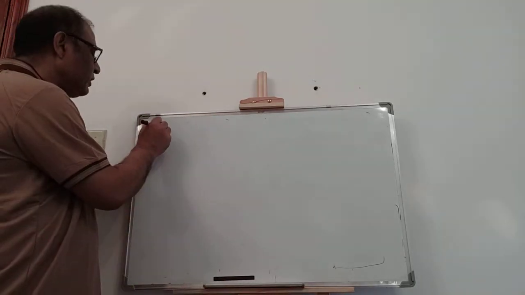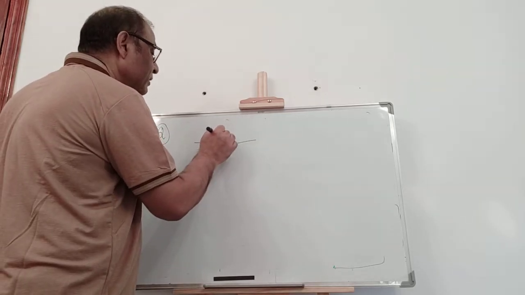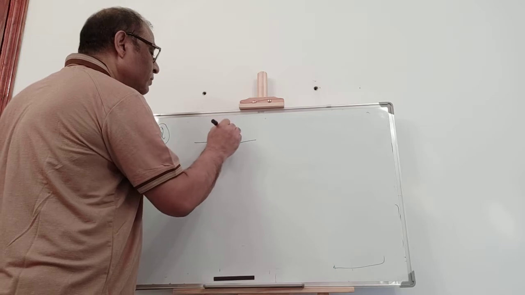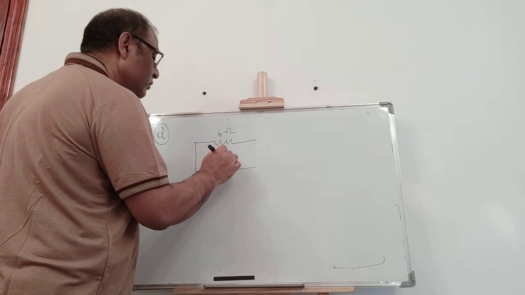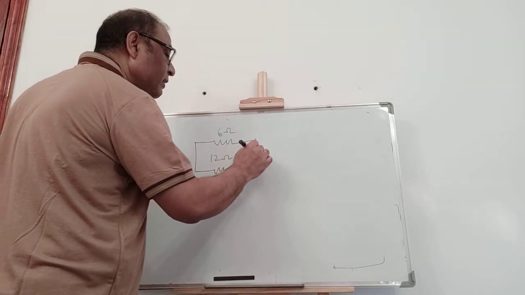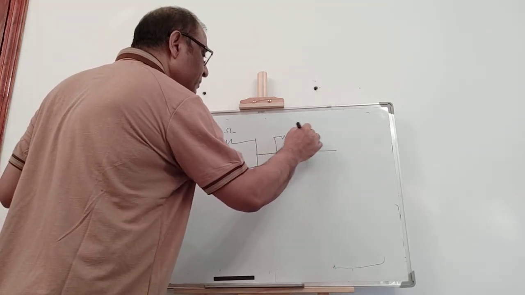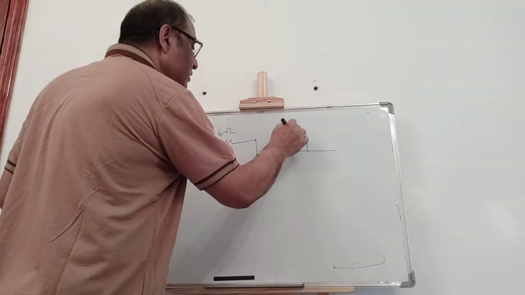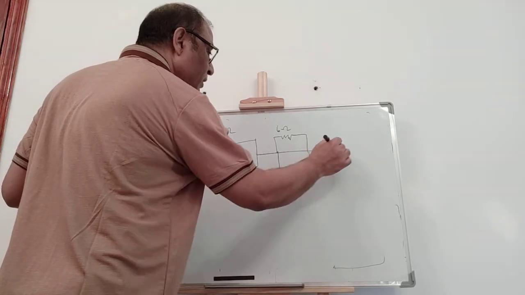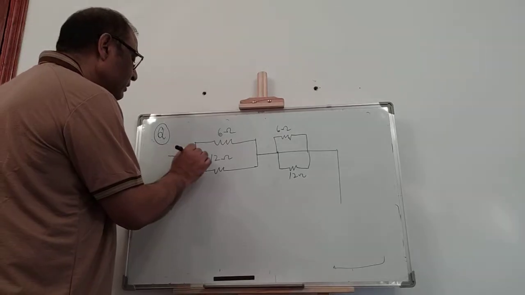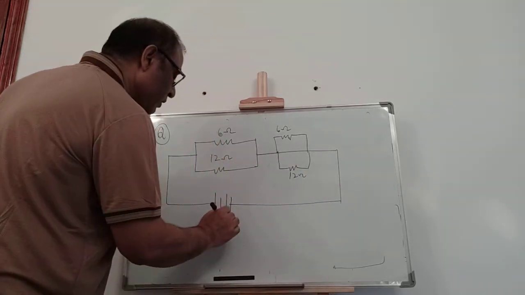Here, one resistance of 6 ohm and another resistance of 12 ohm, then another same 6 ohm resistance and another resistance of 12 ohm, and the entire circuit is connected with a cell, a battery of 12 volt.